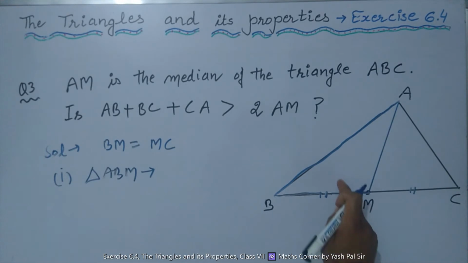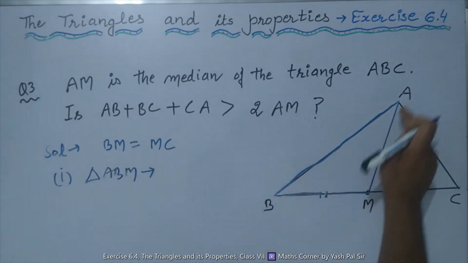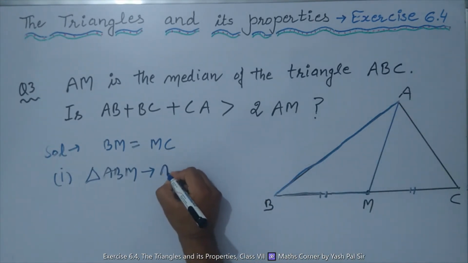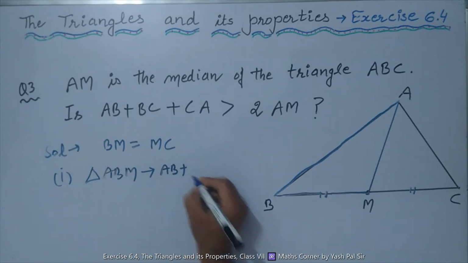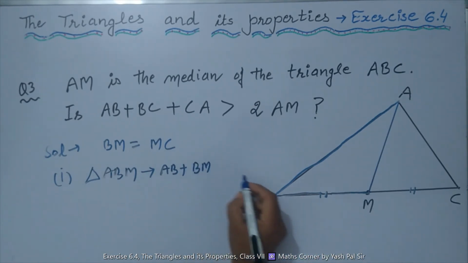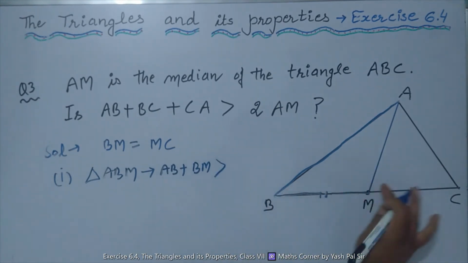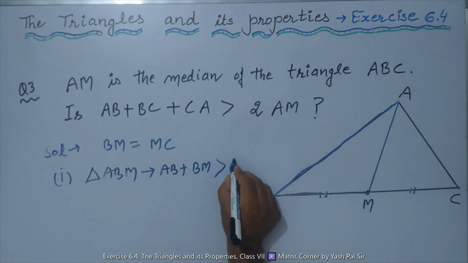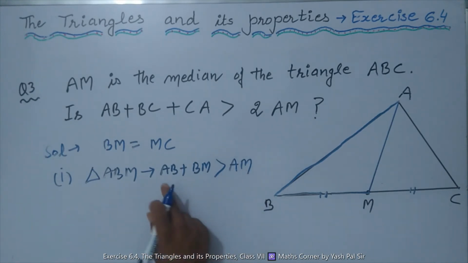Here we follow the property: AB plus BM is greater than AM. Sum of two sides of a triangle is greater than the third side.